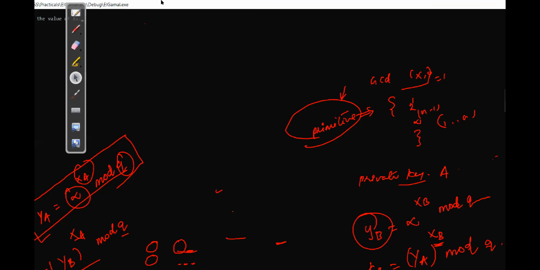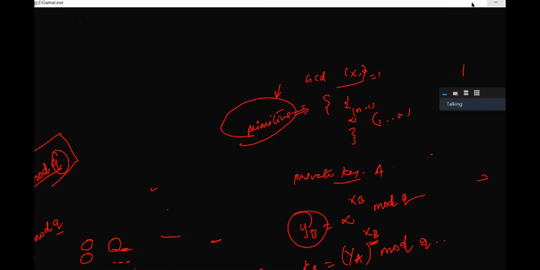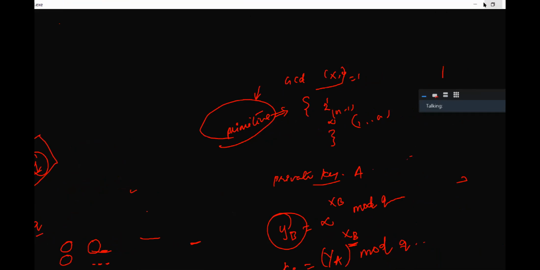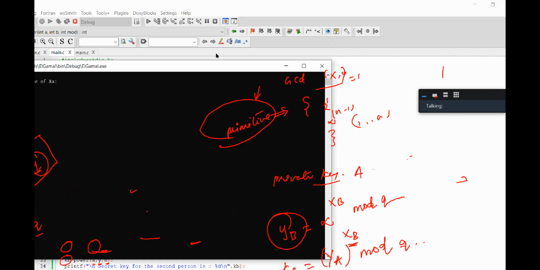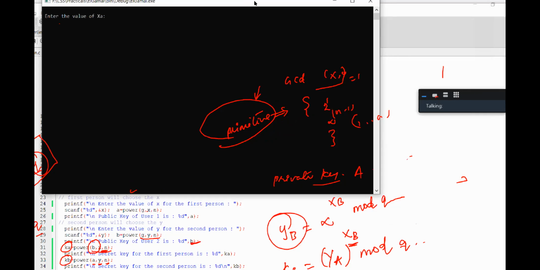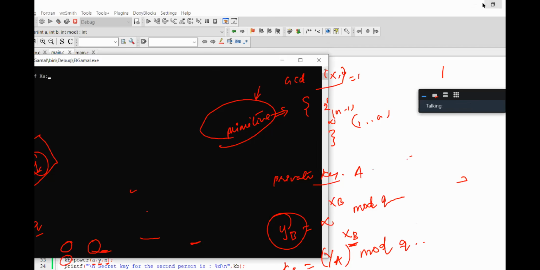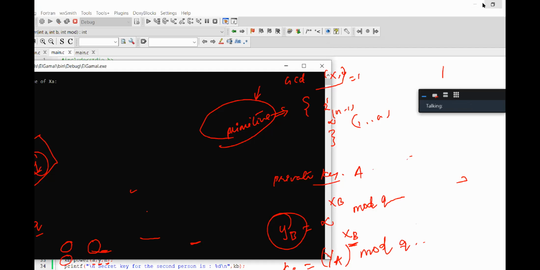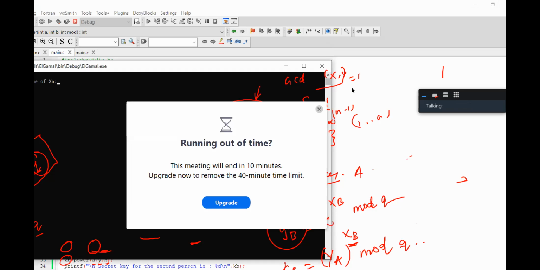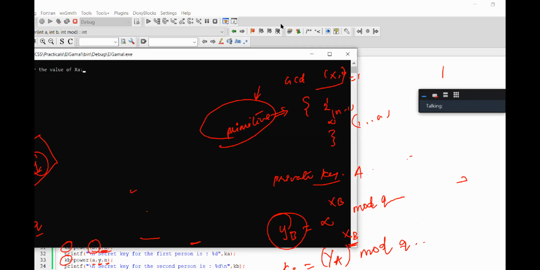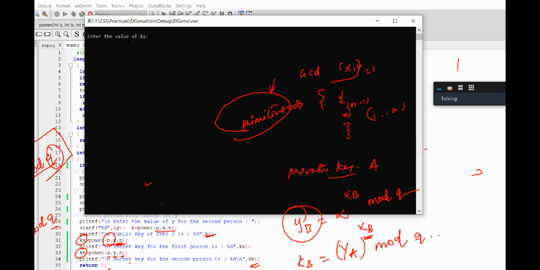I hope you can see the screen. What is the value of XA?